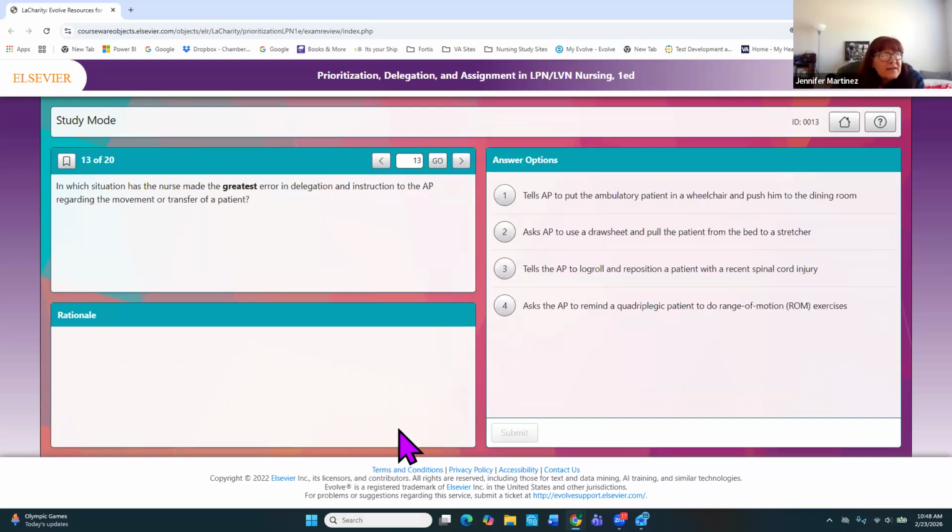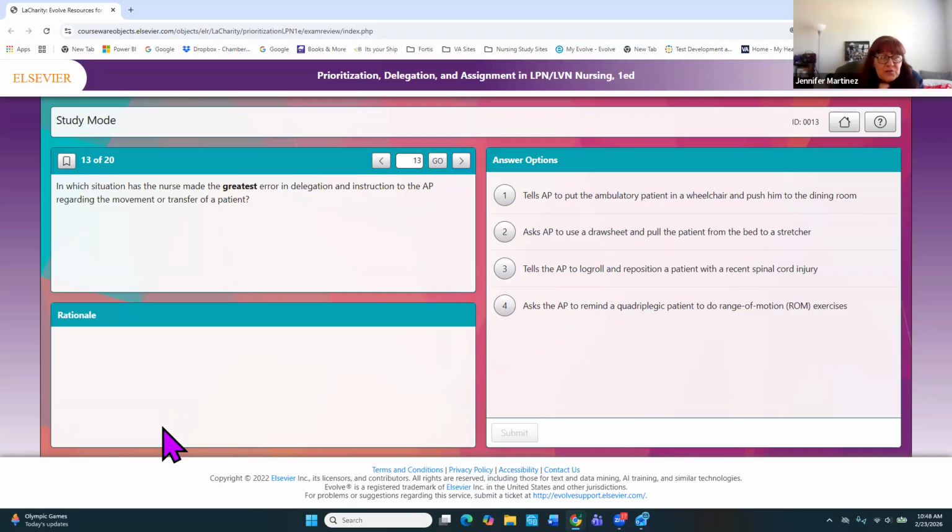All right. In which situation has the nurse made the greatest error in delegation and instruction to the AP regarding the movement or transfer of a patient? One, tells the AP to put the ambulatory patient in a wheelchair and push him to the dining room. Two, asks the AP to use a draw sheet and pull the patient from a bed to a stretcher.